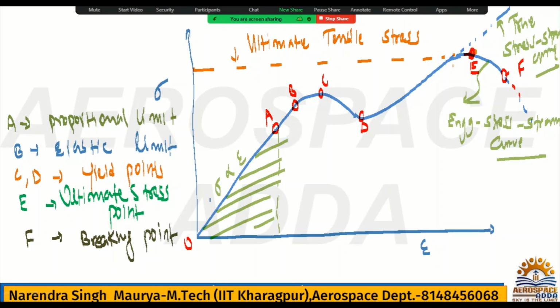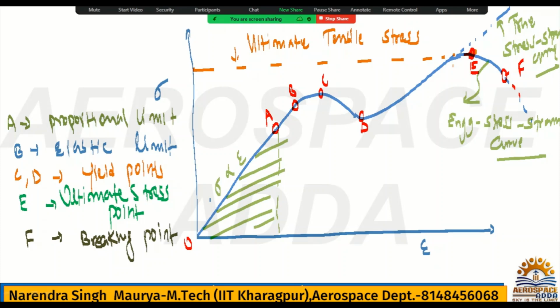Plastic deformation means that once you remove the load, the material does not regain its shape and size, and that is called plasticity. So once plastic deformation occurs, that is called yielding. Basically, once plastic deformation is occurring, once you remove the load, it will not regain its shape and size.